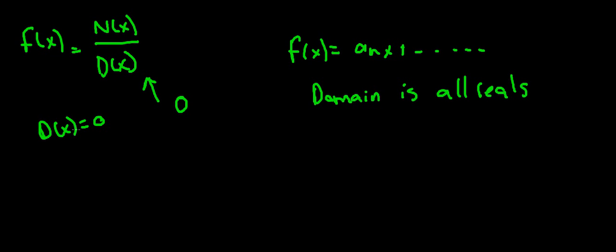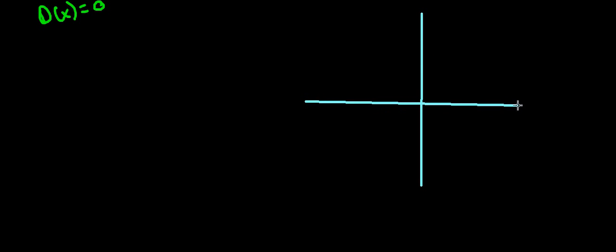And when we have an undefined point, let me just illustrate it real quickly. I'm not going to go into extreme detail in this video about asymptotes and holes. What I'm going to do is just go over them very briefly, and then in successive videos we'll go over each one individually.